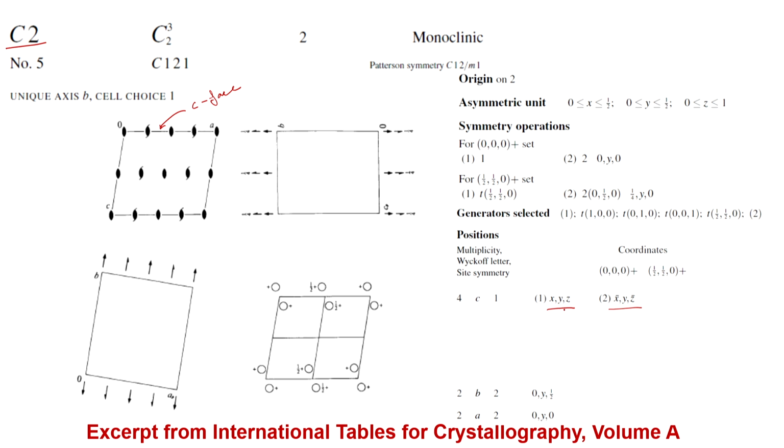When I put an atom at general position x, y, z, minus x, y, minus z is the second atom produced as a result of the two-fold rotation axis. And then we add the centering translation, half half 0, to get the position for the other two atoms. So, when I put one atom, I will get 4 atoms and therefore, the multiplicity of this general position is 4.